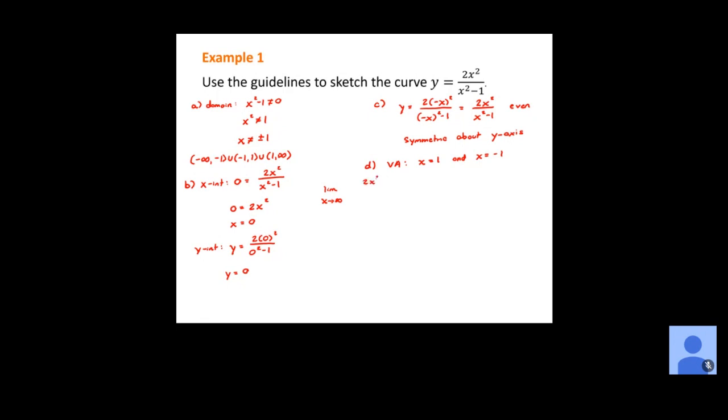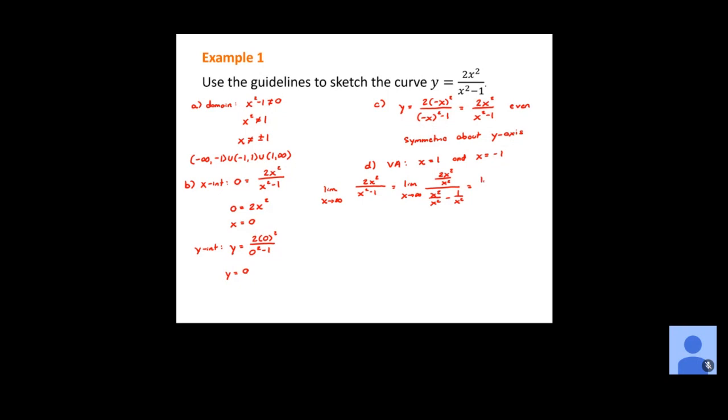So we're taking the limit as x approaches infinity of 2x squared over x squared minus 1, divided by x squared over x squared minus 1 over x squared. Anytime you have a rational function like that, look for the highest exponent in the denominator, and divide every single term by whatever that is.